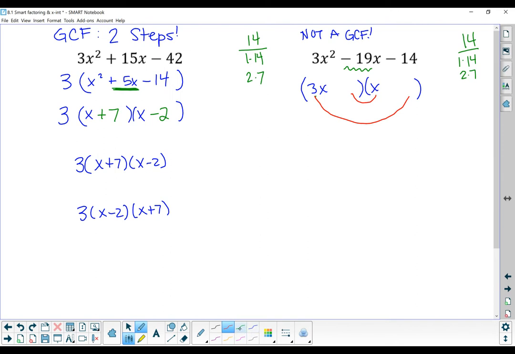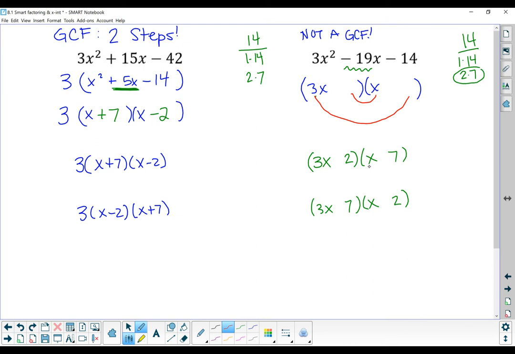So for some people, a good way of handling this is to just identify the most likely combination, and you could just write out your two factors both ways. So I could put the 2 and the 7 and the 2, and then just do a little test.